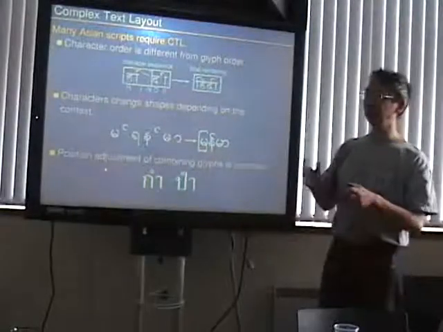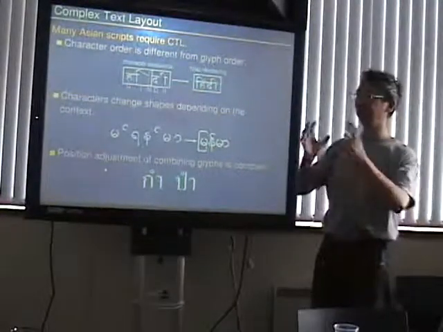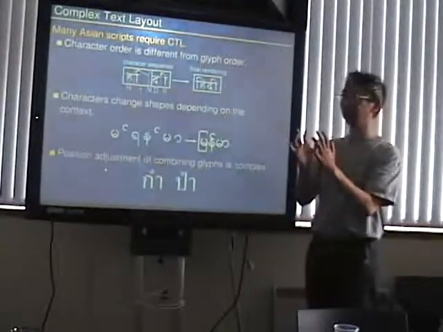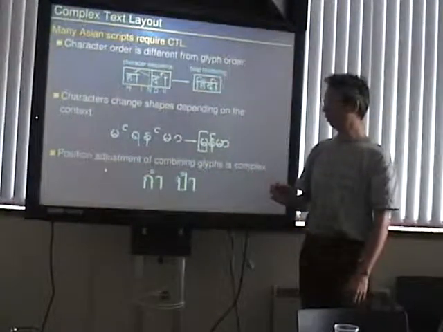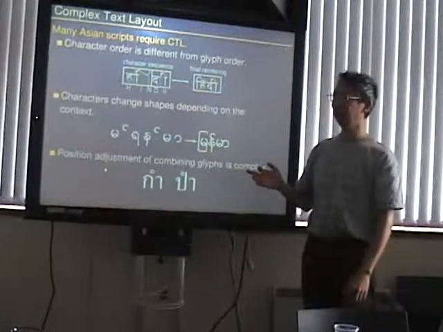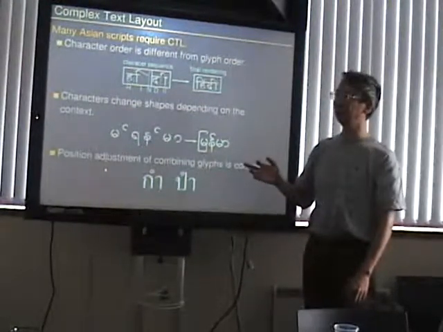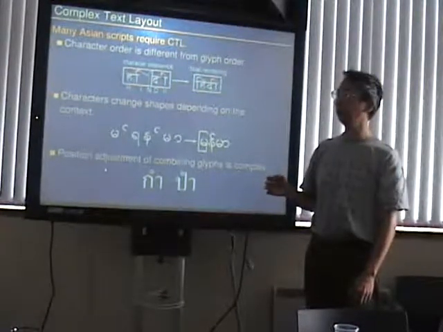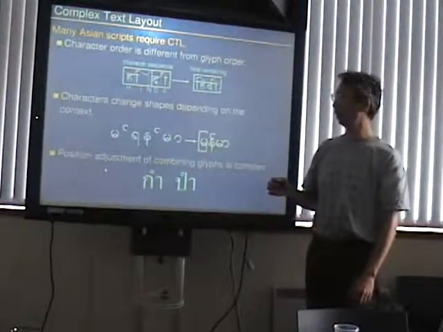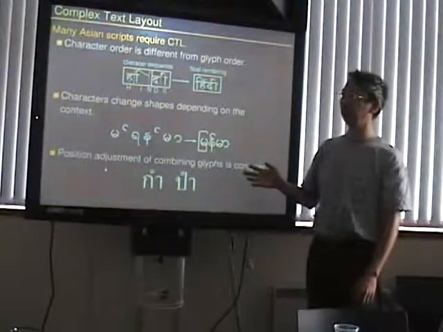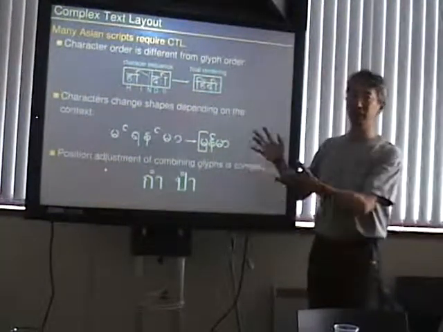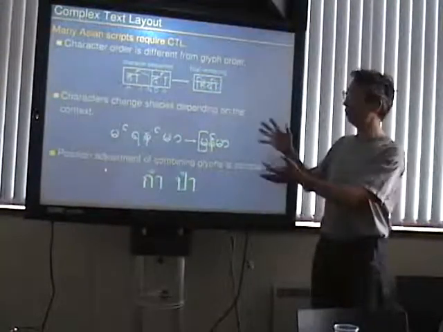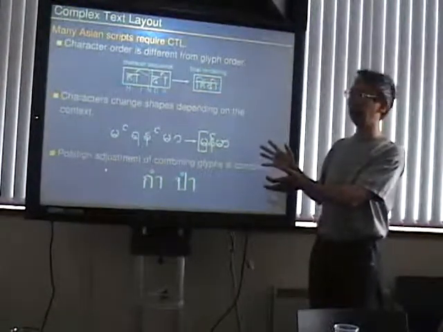So what we can assume is that each font has just a character cell. Each glyph is just a character cell. So we must apply a special FLT for that kind of font. And there is a very famous Norasi font in Thai, and we have a special FLT for Norasi. So in that case, the FLT is doing exactly the same thing as Graphite. It contains the rules specific to the Norasi font.